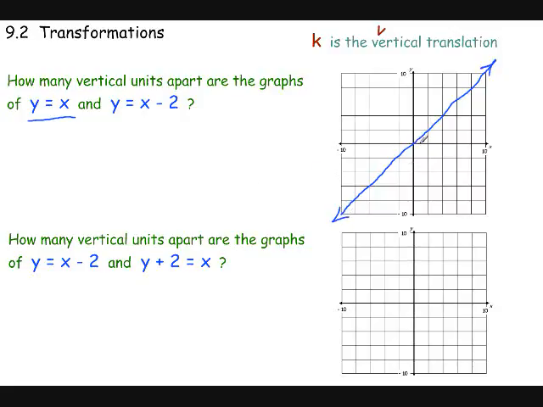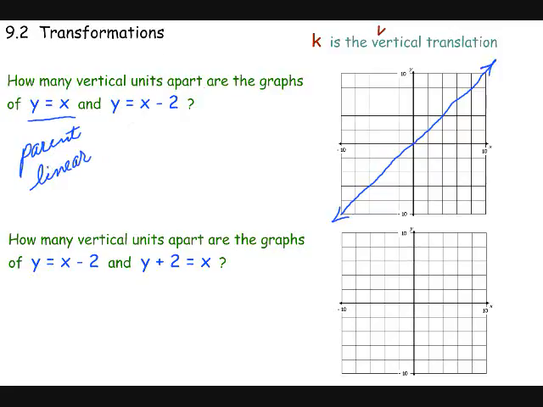For every 1 I increase x, we increase y 1. For every 1 I decrease x, I decrease y 1. Now, that, I guess we would say, is the parent function for a linear, right? The very simplest linear that we could have.